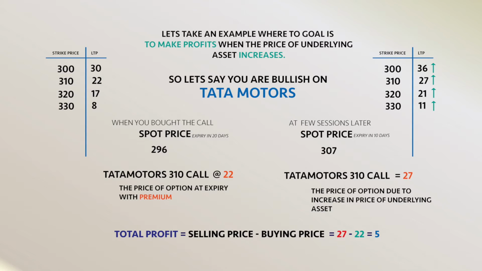So let's take a simple example. Let's take Tata Motors again, that being the underlying asset. आप अभी इसका करंट स्पॉट प्राइस let's assume is 296. ऑन द टॉप लेफ्ट हैंड कॉर्नर आपको अलग अलग स्ट्राइक प्राइसेस दिखेगा टाटा मोटर्स का, which starts from 300 all the way till 330 and they have their own individual option prices which is the last traded price. सो 300 का है 30, 310 का है 22, 320 का है 17 और 330 का है 8.